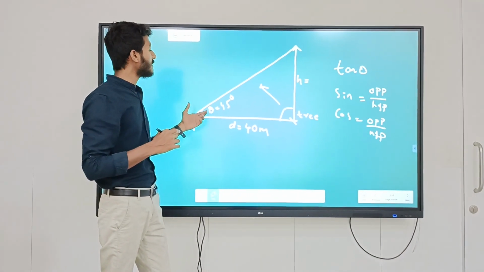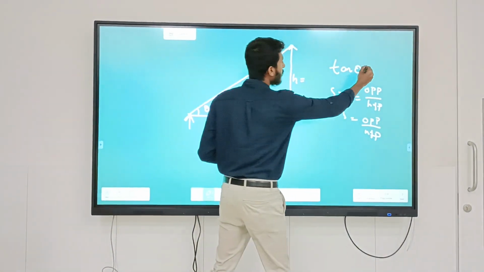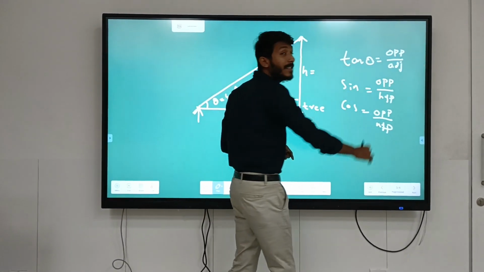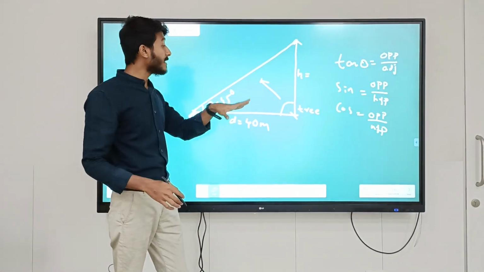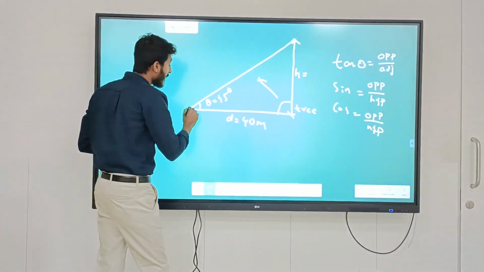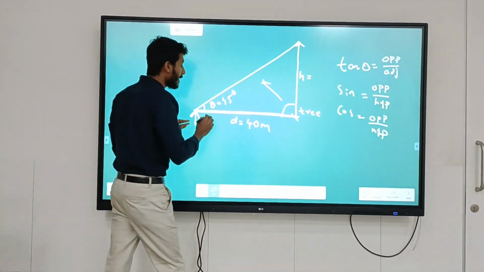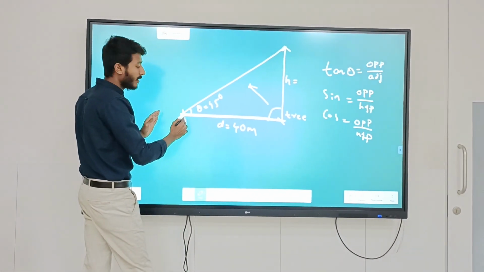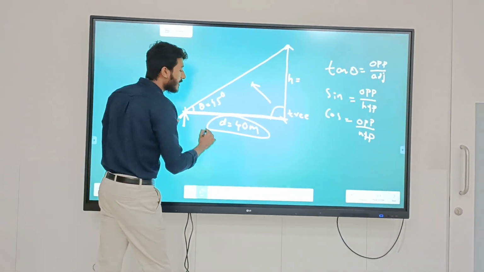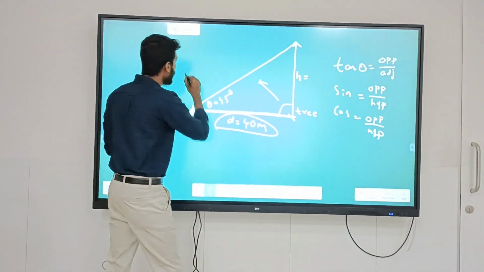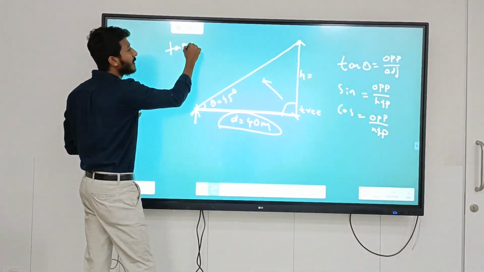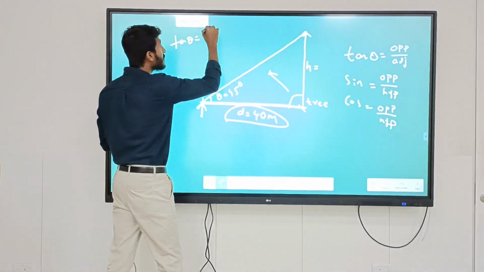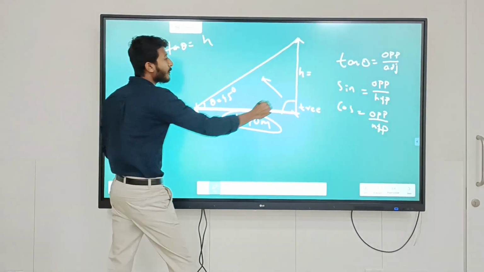So we need to use the tan function, because tan is opposite side divided by adjacent. In this case we know the adjacent, which is the distance from the foot of the tree to the point we are looking from, that's 40 meter. Tan theta is opposite side to adjacent. The opposite side is the height of the tree, h, which we need to find.